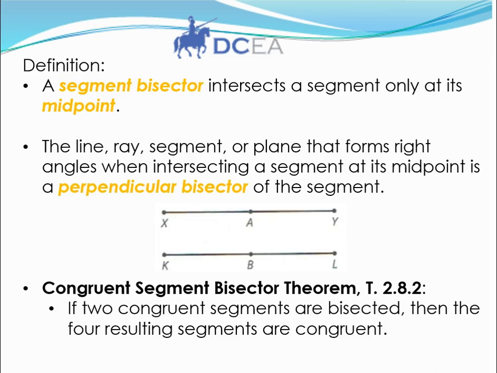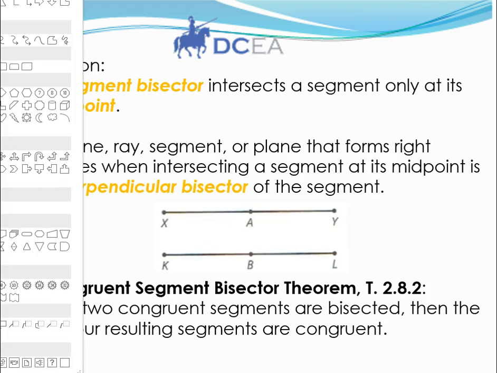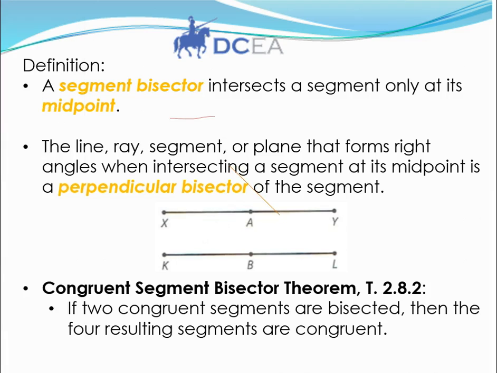Okay, a couple of definitions. Segment bisector. A segment bisector intersects a segment only at its midpoint. So if you have a really nice straight segment, the bisector intersects it only at its midpoint.